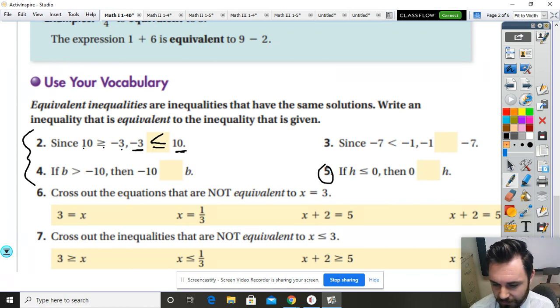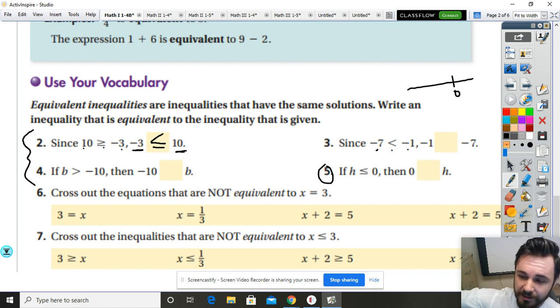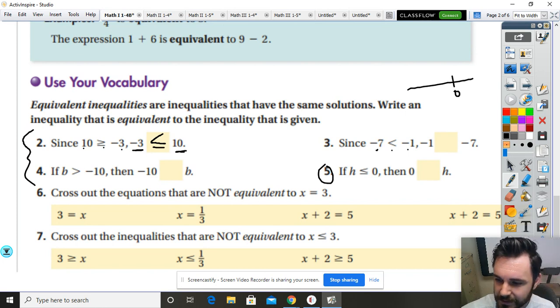All right? Even on the next part, -7 is less than -1. If you think of a number line, remember, greater is as we go to the right of a number line, numbers get greater. So if I look at -1 and -7, -1 is greater because it's farther right on the number line.